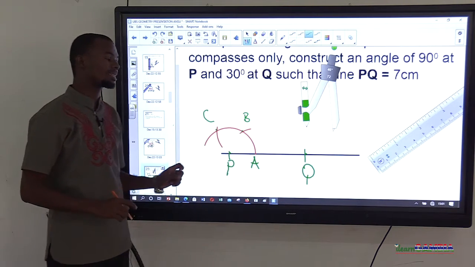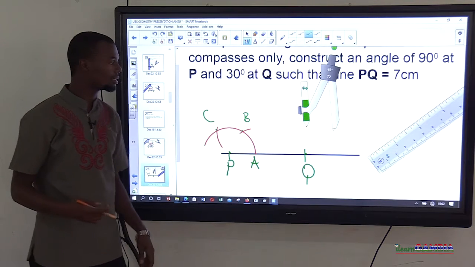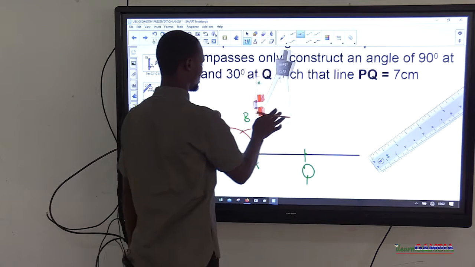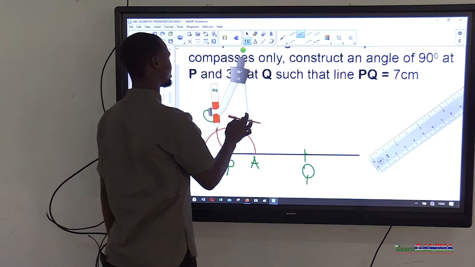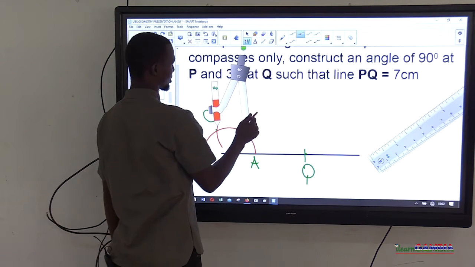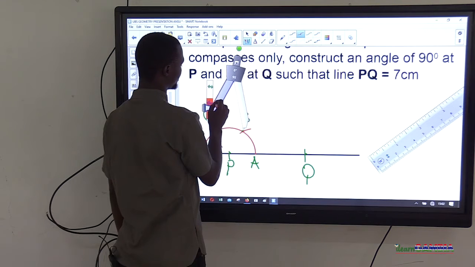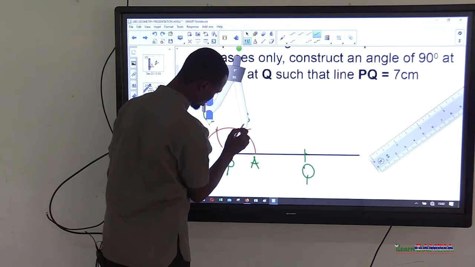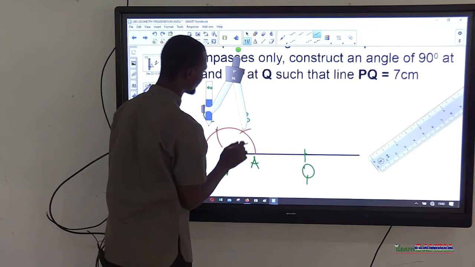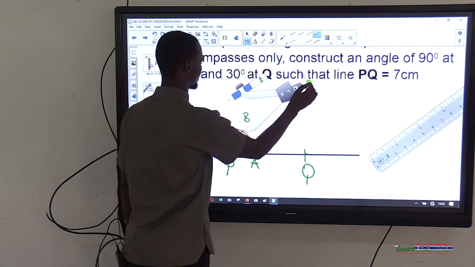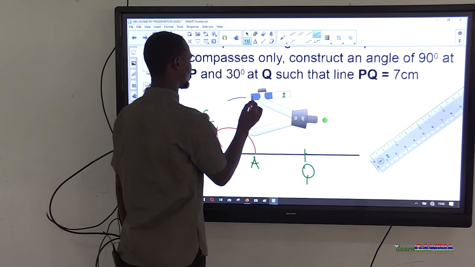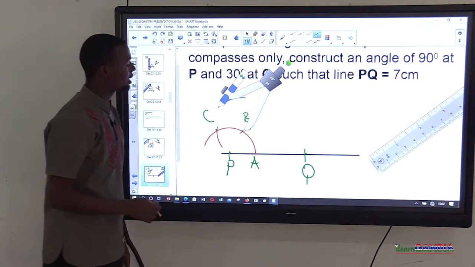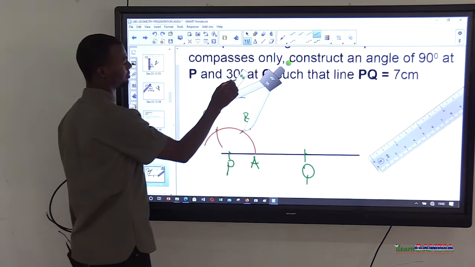Now you bisect the arc CB. With B as the center, open to any convenient radius. Make sure you get it properly. Draw an arc, and then go to C as the center.